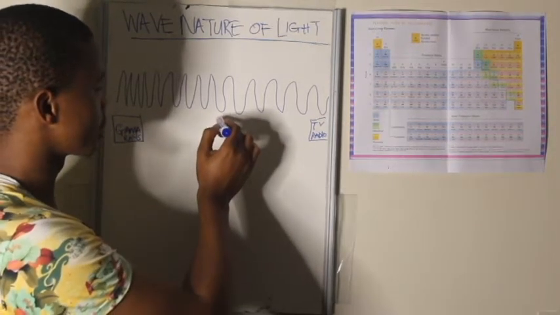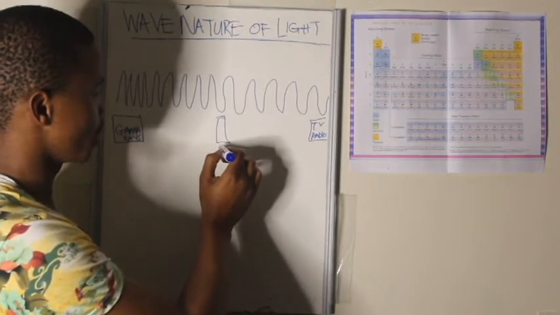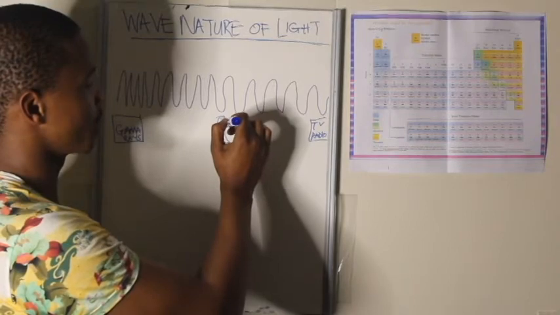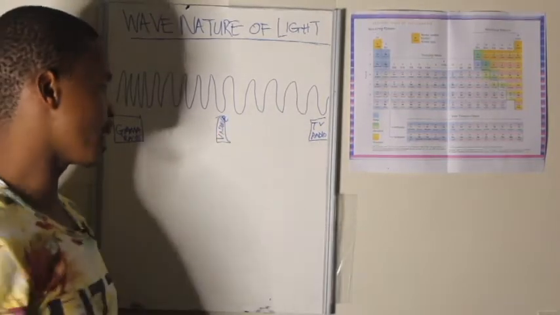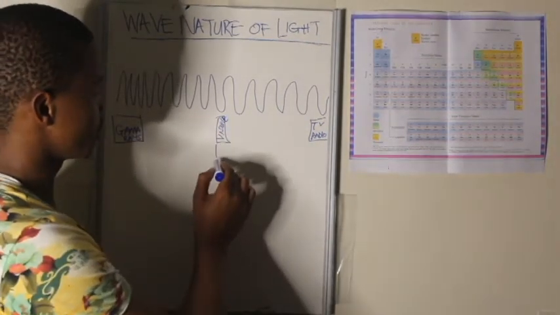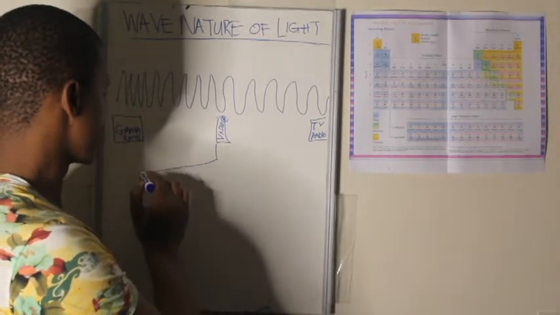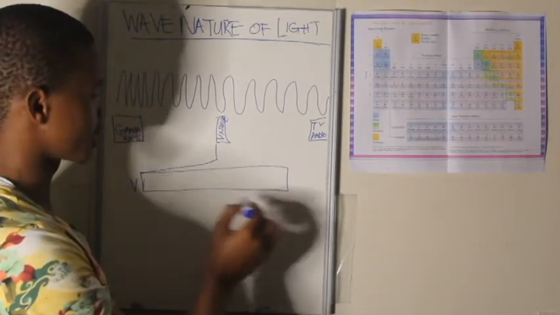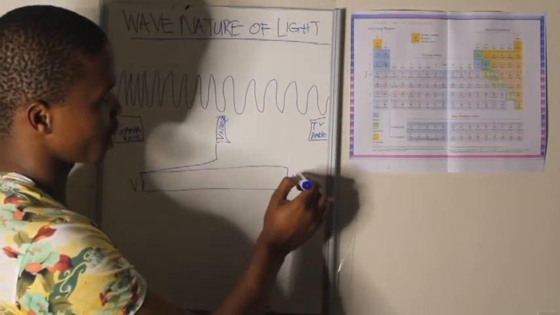And somewhere in between, you have your visible light, which is what you can see with your naked eye. Your visible light will be from your violet to your red color.